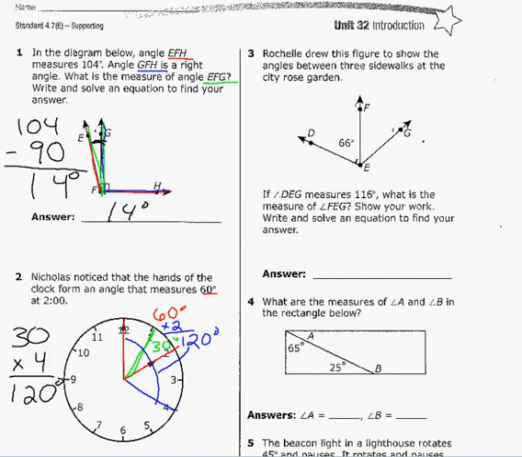So the bigger angle, angle DEG, is 116 degrees. And what we're trying to find out is the measurement of angle FEG.